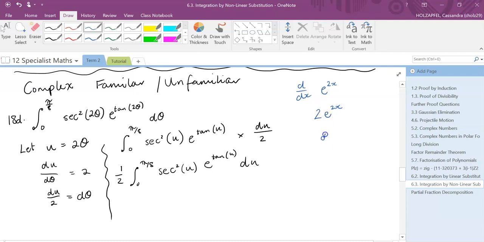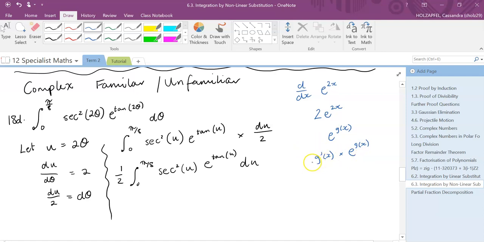Let's write this in a different way. If we have e to the power of g(x), when we find its derivative, it's going to be the derivative of that function times e to the power of the original function. So that's if we were to differentiate.